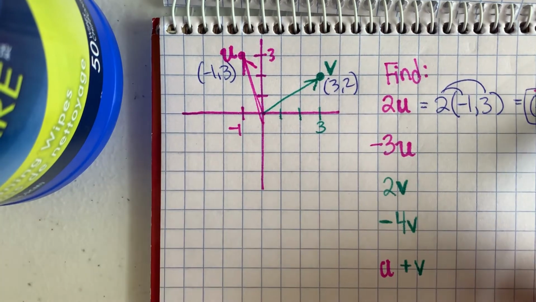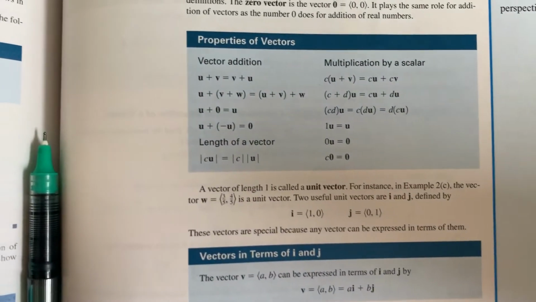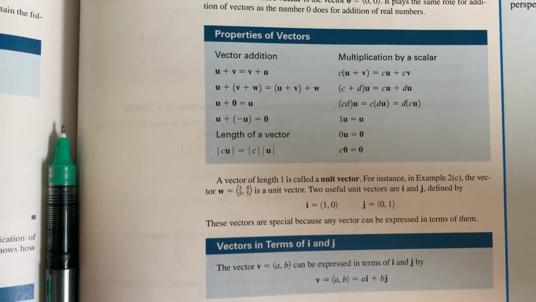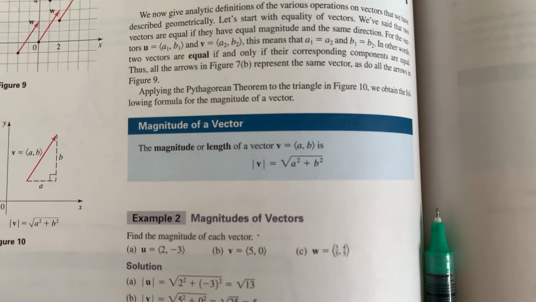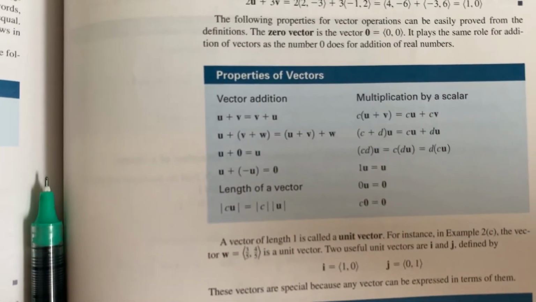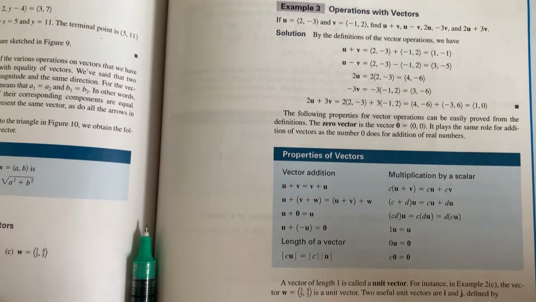Okay. The properties for this are on page 611. They've got a few different tables here of the properties of vectors and the algebraic operations in vectors, magnitude of a vector. We should have that one in our notes already. So I'm doing right now the properties of vectors on 611. All of these are good to know and have.